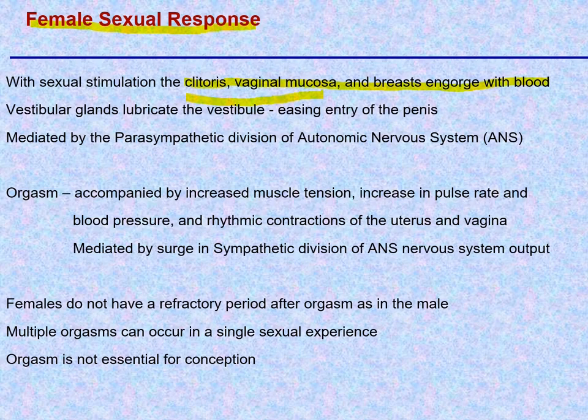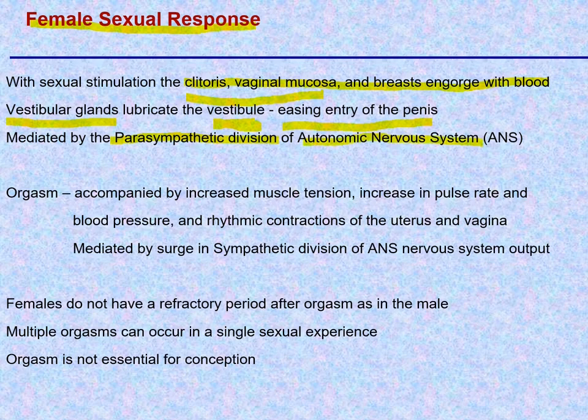The greater vestibular glands will lubricate the vestibule, the external opening of the vagina, and this, of course, would ease entry of the erect penis into the vagina. All of this is mediated by the parasympathetic division of the autonomic nervous system.